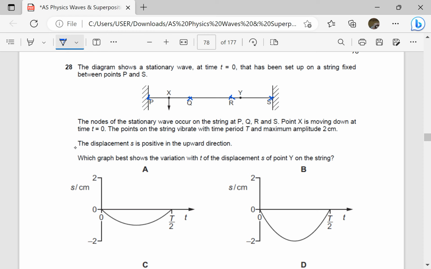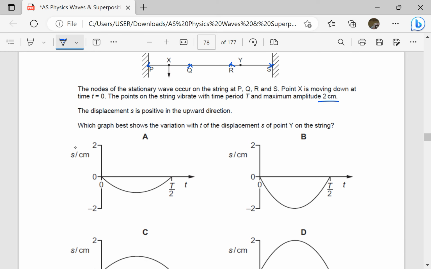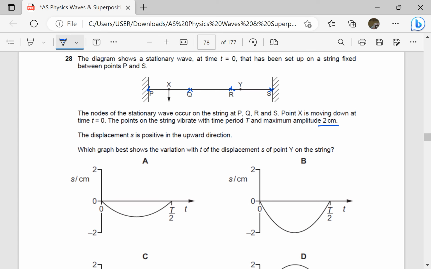The points on the string vibrate with time period T and maximum amplitude 2 centimeters. The displacement s is positive in the upward direction. Which graph best shows the variation with time t of the displacement s of point Y on the string?